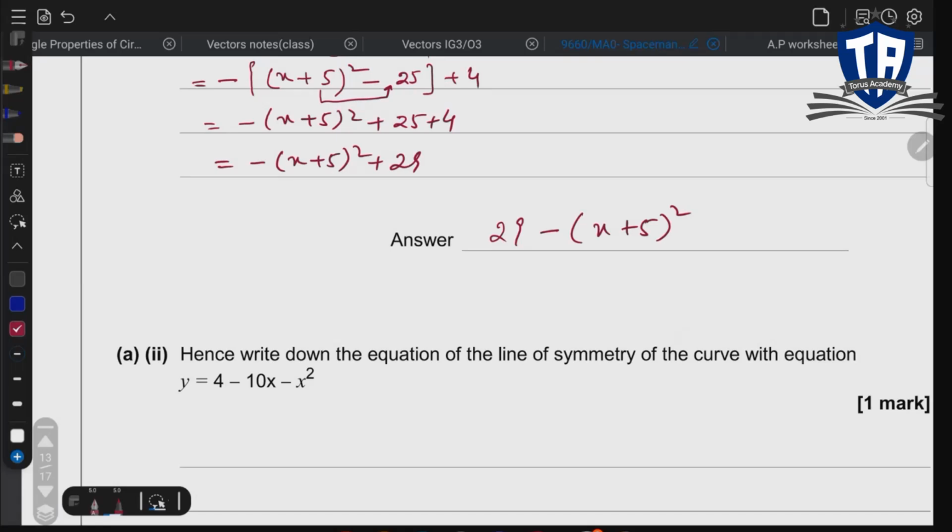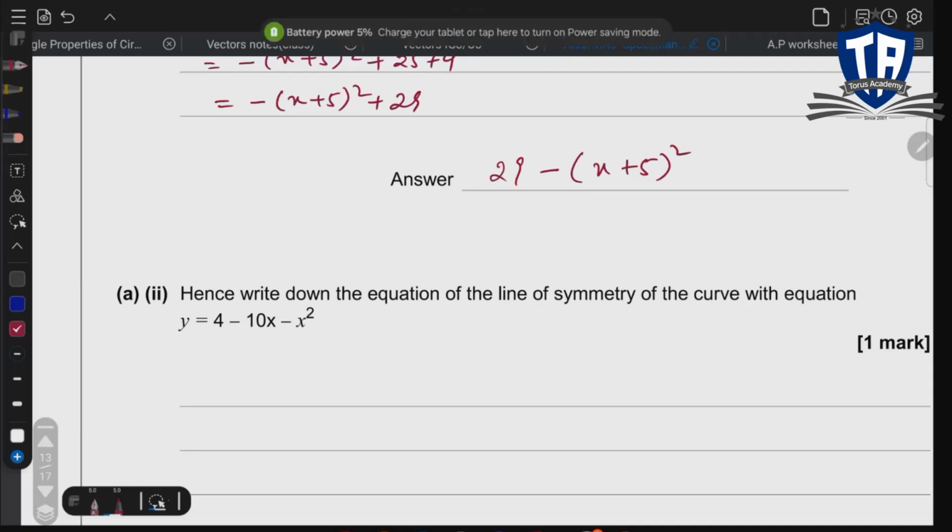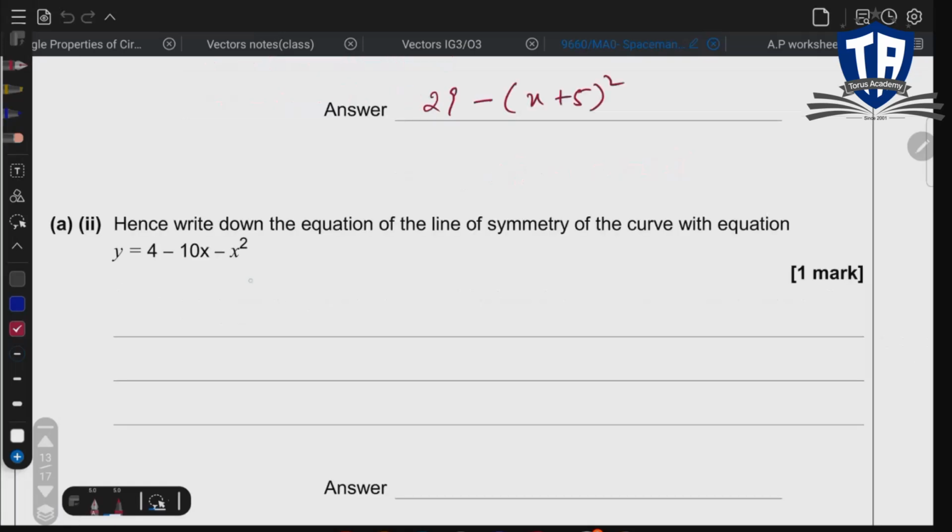Find the turning point. You know, it's a quadratic equation, and a quadratic function is symmetrical about the turning point. You can use this formula to find the coordinates of the turning point.